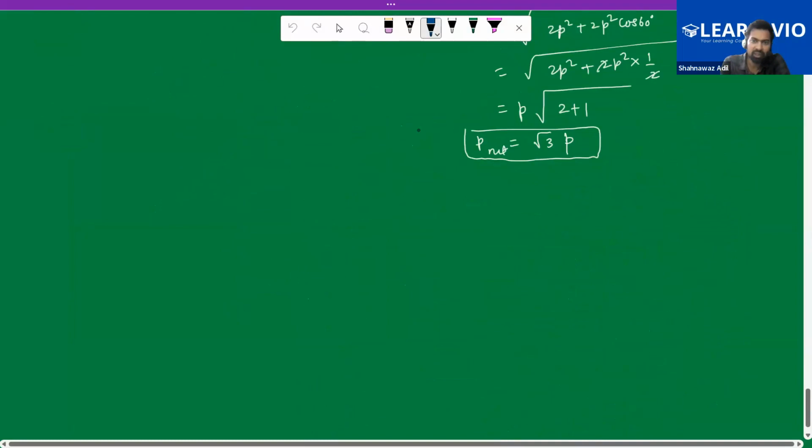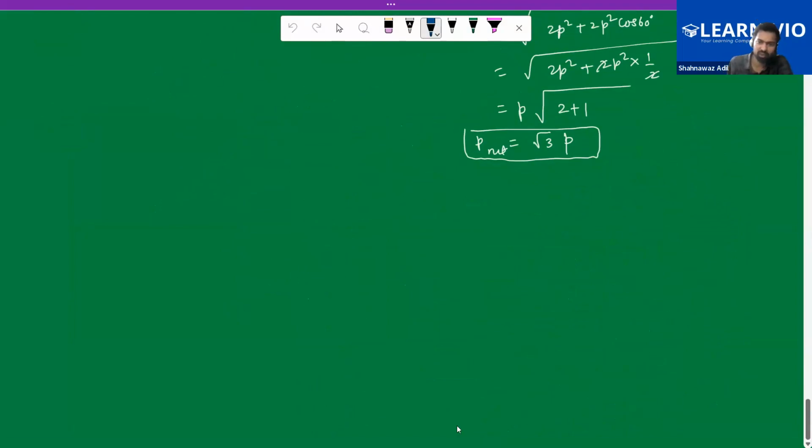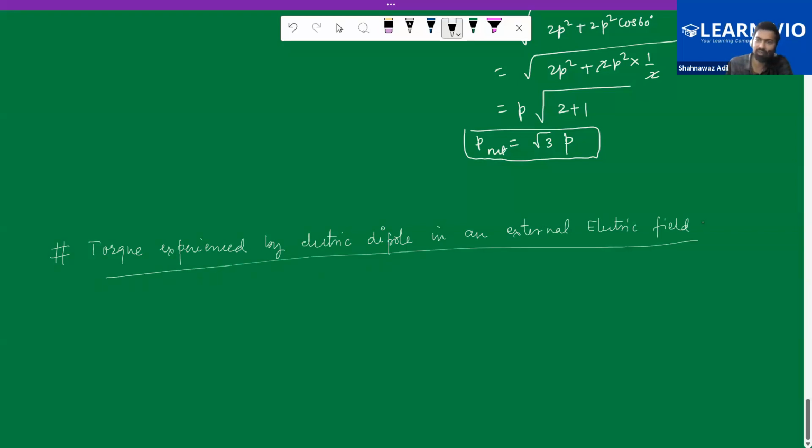And now we were talking about the torque experienced by an electric dipole in an external electric field. The derivation we will not do because that part we have already done.